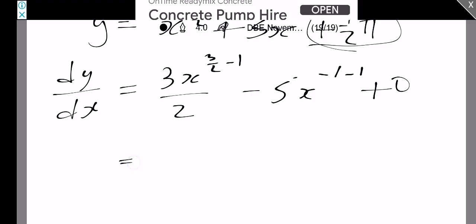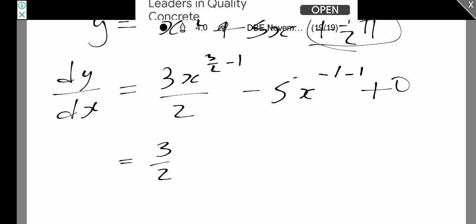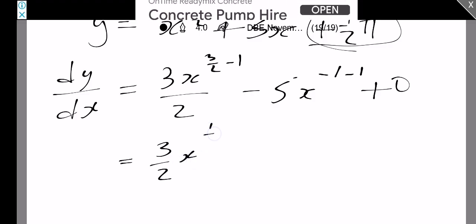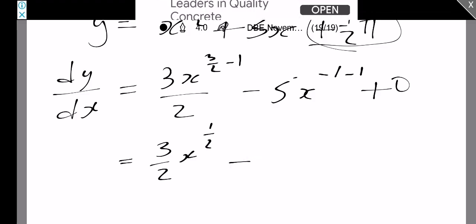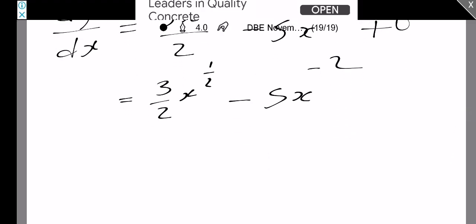Now we're going to have 3 over 2 x to the exponent 3 over 2 minus 1, which gives half, then minus 5x to the power negative 2. You're going to get marks if you leave it like that.